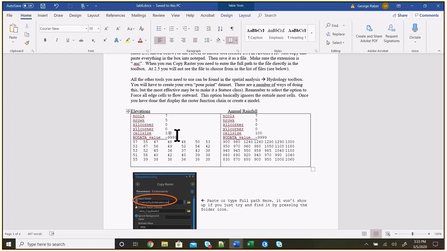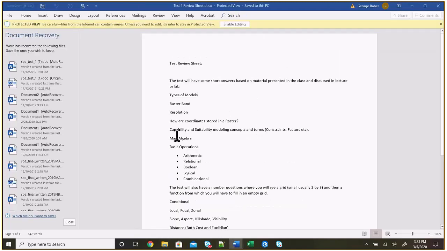We're just dealing with a bunch of values. All right, so that was how coordinates are stored in a raster. Just the corner and the cell size is all that's necessary. So basically, the coordinates are all stored implicitly from the corner.